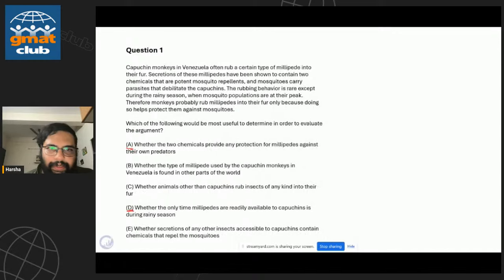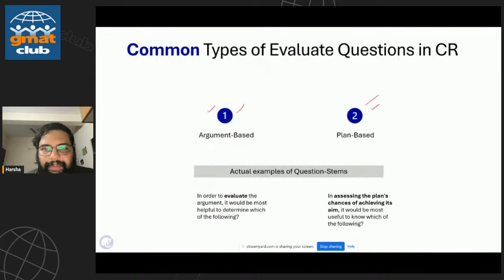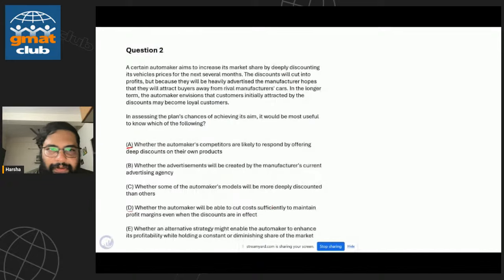Your question one is an example of that. If you have read this and you've solved this, you know that we are dealing with an argument. And what do I mean by argument? There is a premise, there are premises, there is a conclusion, and the question is asking you what would be most useful to determine in order to evaluate that argument, right? So that's a standard question that you typically see. The other scenario that you see is a plan based question. Your question two is on that side of the spectrum.